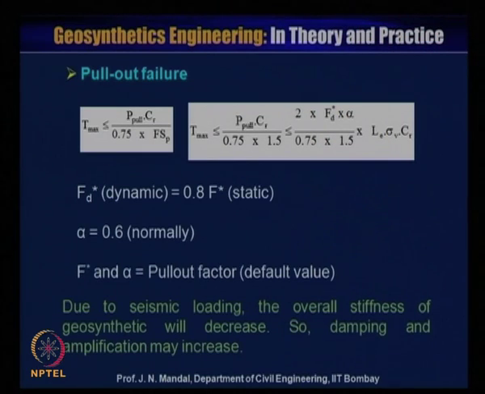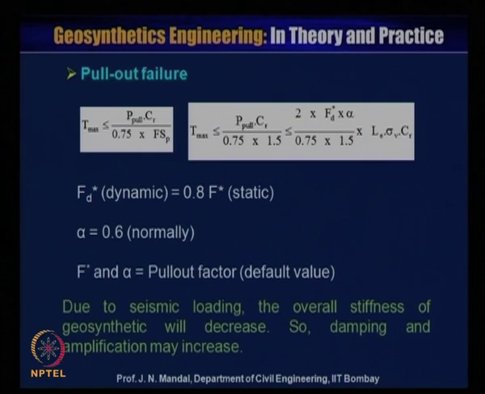If it is a pull out failure, T maximum should be less than or equal to T_P pull out into CR divided by 0.75 into FS_P, and T maximum should be less than or equal to P pull out into CR divided by 0.75 into 1.5, or less than or equal to 2 into F disturb into alpha divided by 0.75 into 1.5 into L_E into sigma_V into CR.